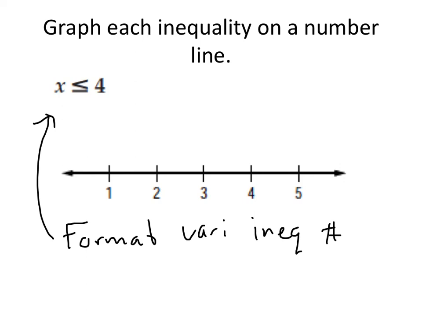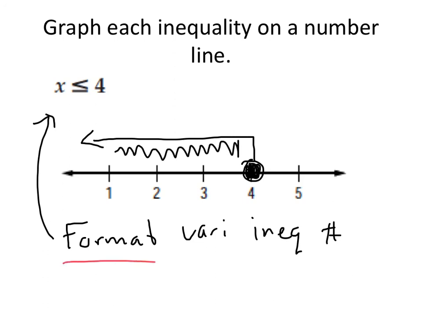I found out where the 4 is, so I'm going to use the 4. The equal sign tells me I'm going to include 4. And I know all the numbers less than 4 are part of the answer. And because I use the format, this arrow is going to help me show which way. The inequality's arrow helps me find out how to draw the arrow on my number line.